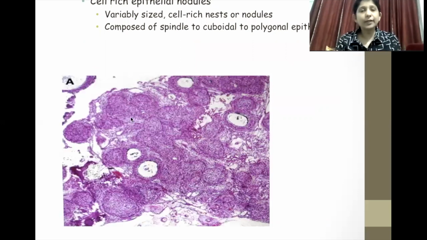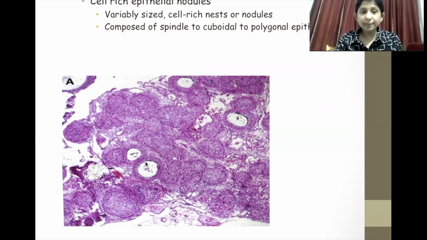So these are different types of arrangements of the odontogenic epithelial cells, wherein you can see at least 4 areas where the lumen of the duct is very prominent. 1, 2, 3, 4. If you have a closer look at these duct-like areas, you can see that the odontogenic epithelial cells are arranged surrounding the lumen.